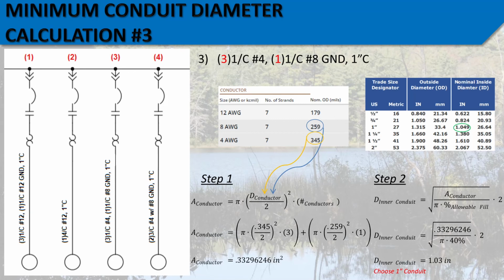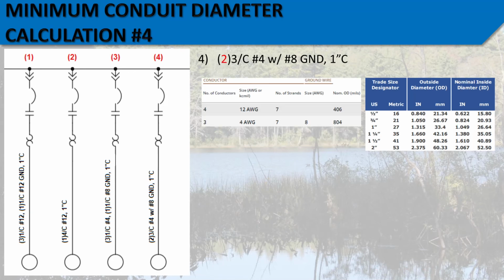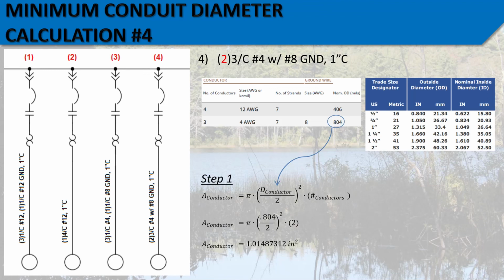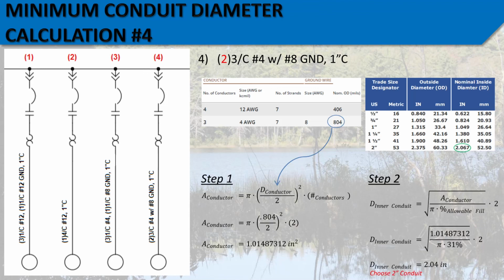And in our final example, if you recall, we were way off in our previous fill calculation, and 1 inch was not an acceptable conduit size for these two cables. So again, step 1, we're going to calculate our area. Step 2, we're going to plug that area into the inner conduit diameter formula.